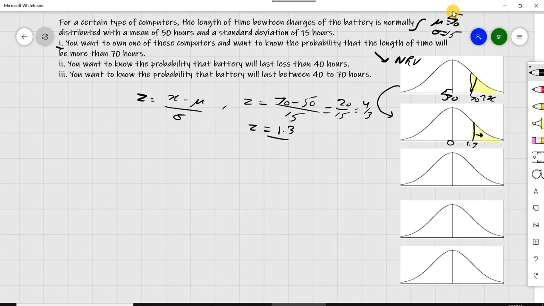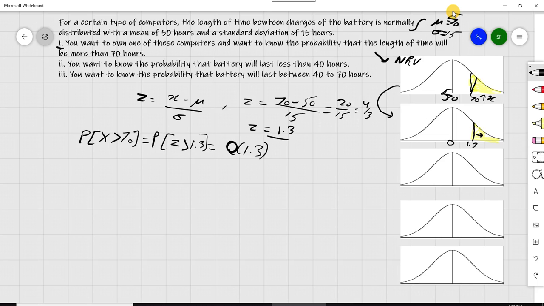What I'm trying to do over here is find the probability that the laptop has a battery of more than 70 hours, which is equal to the probability that the value of Z is greater than 1.3, because I made this transformation. To find this probability, I'm going to use the Q table, and Q of 1.3 will tell me this answer.